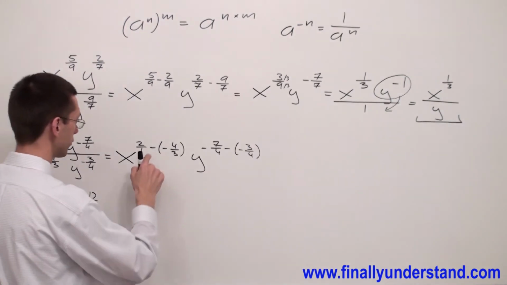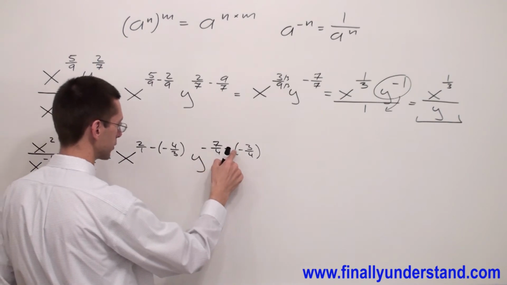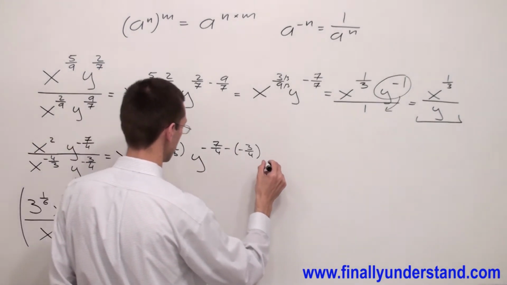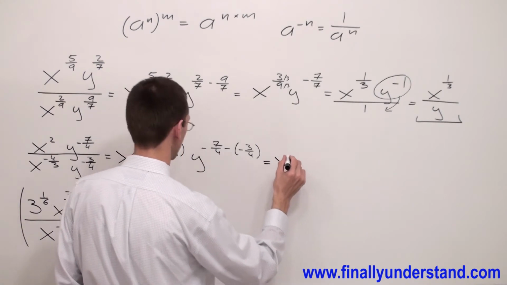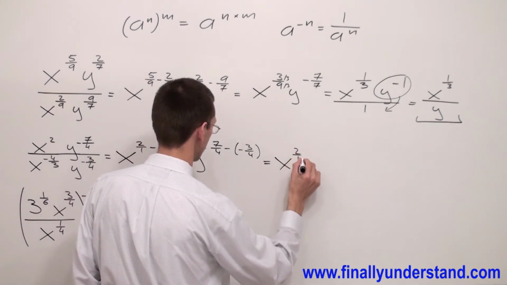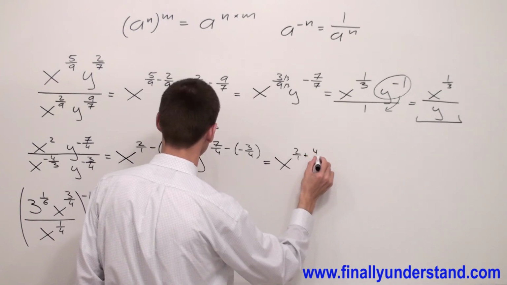Next, perform the multiplication. Negative times negative is positive. Negative times negative is positive. That's why I'm going to have x, 2 over 1 plus 4 over 3.